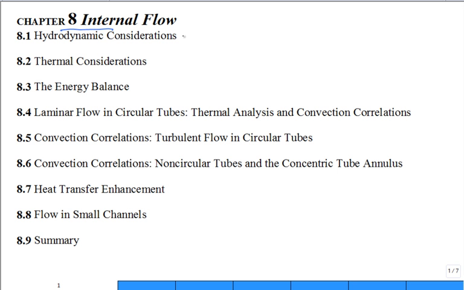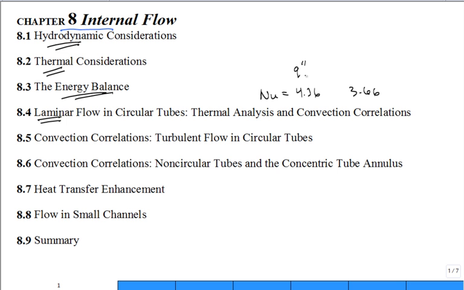We covered a lot of material, a lot of the hydrodynamics, the fluid flow, then we added the thermal. We had the energy balance, and remember, you keep going back and forth between the rate balance and the energy balance. We focused on laminar flow in circular tubes. We got some good results, especially that the Nusselt number is a constant, 4.36 and 3.66 depending on what's happening at the wall.